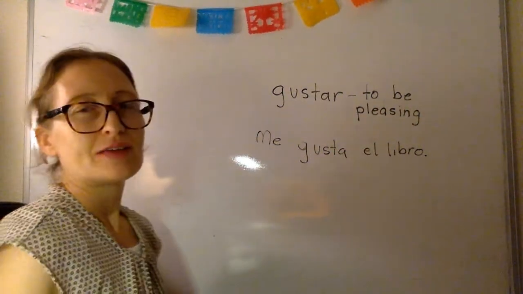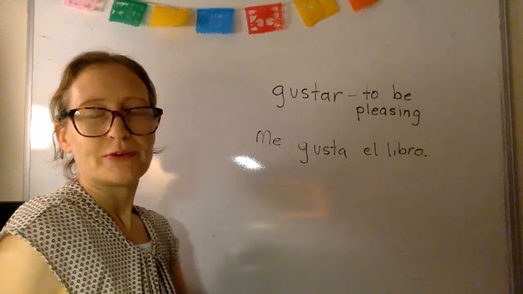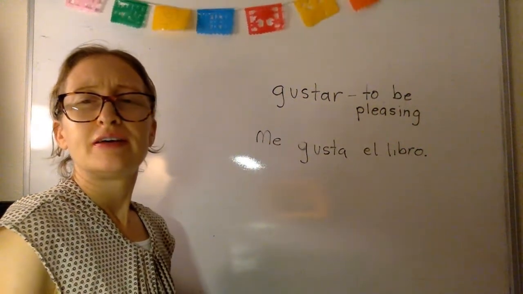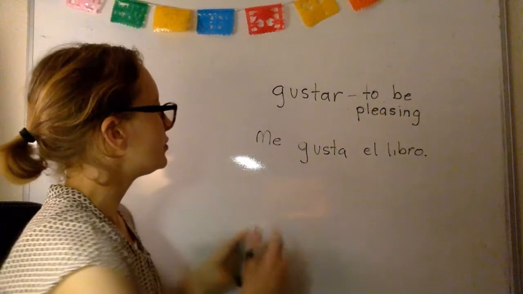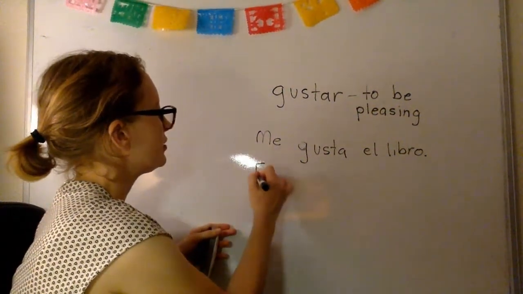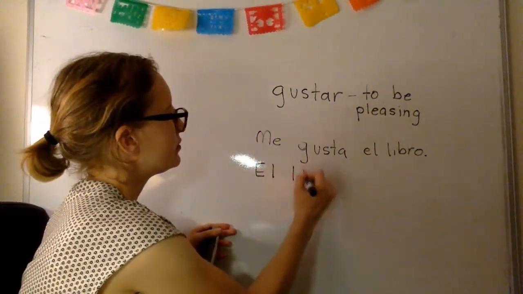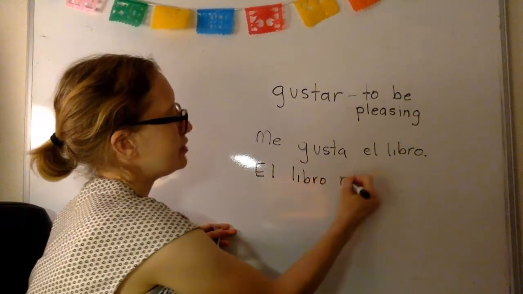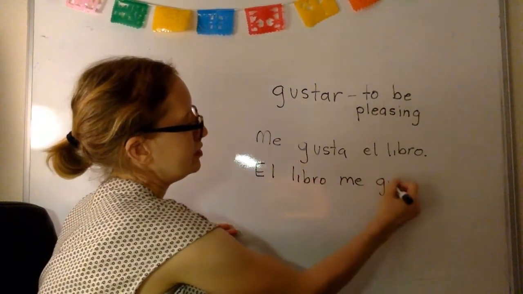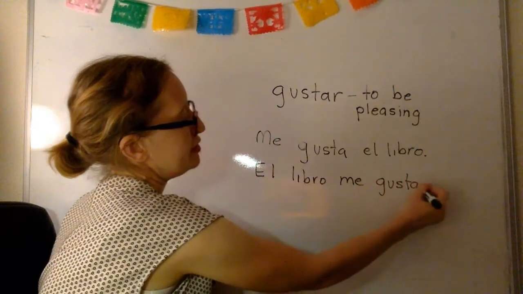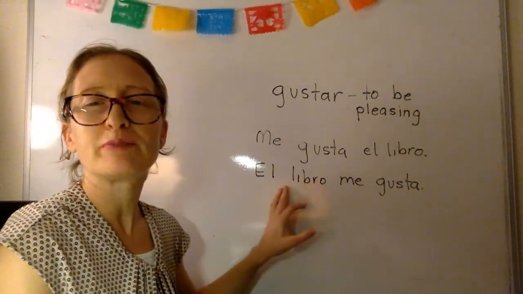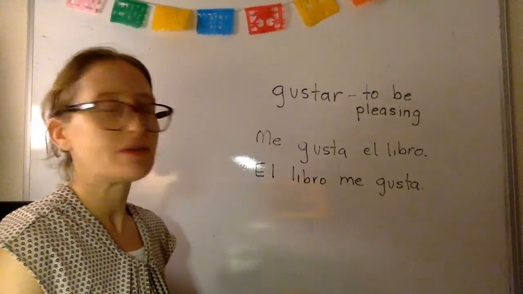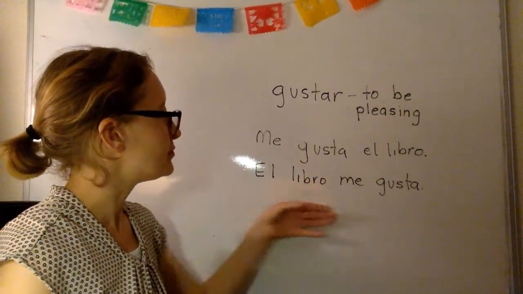Now, Spanish has a pretty flexible word order. And so we can say, me gusta el libro, and we can also say, el libro me gusta. But if we say it like this, we're putting emphasis on the book. So this is not a very common construction.